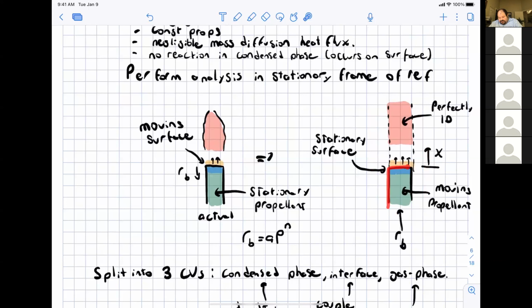One, we looked at a control volume for the condensed phase. That got us the temperature gradient at the condensed phase side of the gas condensed phase interface. Then we applied an interfacial energy balance to relate the condensed phase heat flux to the gas phase heat flux.